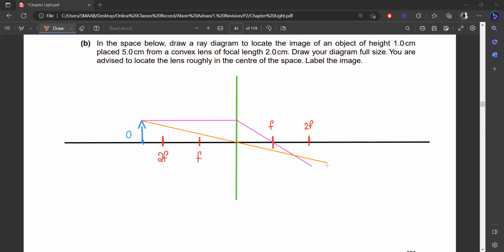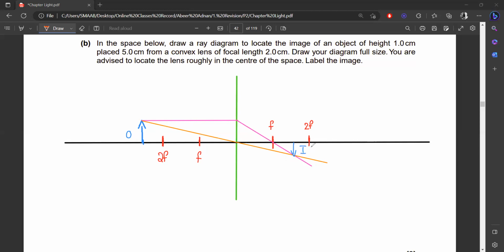And if you remember the property, when the object is placed beyond 2F, the image will be formed between F and 2F, right? Remember that property? Yes. So this will be the size of the image.